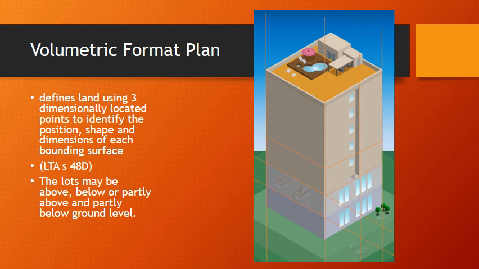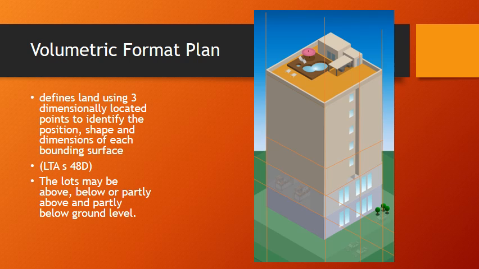The final one, which I'm going to introduce you to, is called a volumetric format plan. So here you've got essentially the subdivision of an original piece of land, but the developer wants to be able to divide the lots into the airspace, as they did in the previous one, but also beneath the ground. So they might want to create a car park. So it's not possible to use physical marks on the ground.